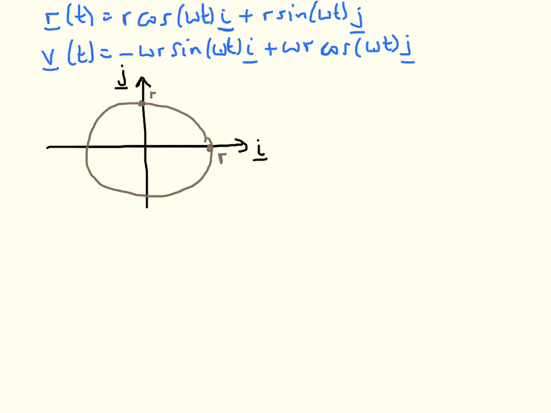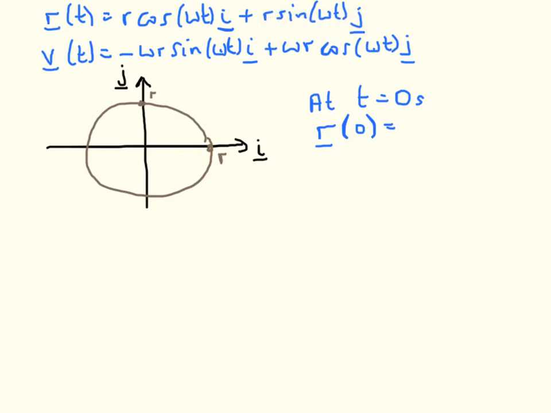So if we look at these equations here, what we see is at t is 0, so 0 seconds, r of 0 is, and we just go into here, and when t is 0 we have cos of 0, which is 1, so we have r i plus r, and the sine of 0 is 0, so the j component is 0.